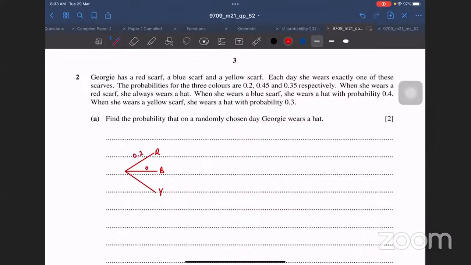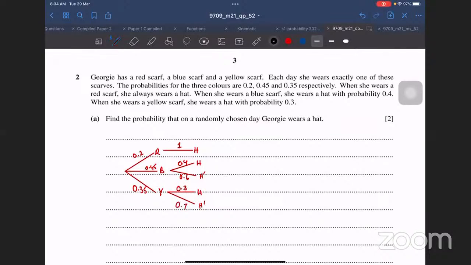0.2, 0.45, 0.35. When she wears a red scarf, she always wears a hat. So there's only one possible outcome here, which is H, and it has a probability 1. When she wears a blue scarf, she has a probability of wearing a hat with 0.4, and 0.6 for no hat. For yellow, 0.3 and 0.7.